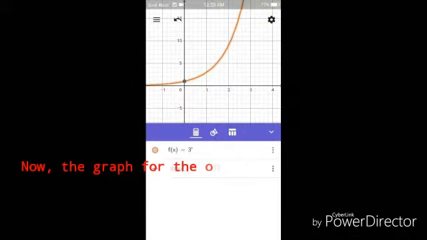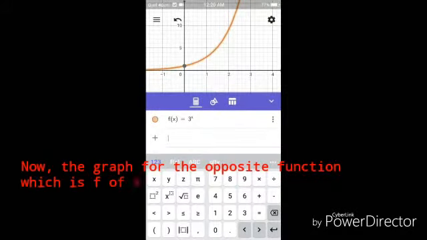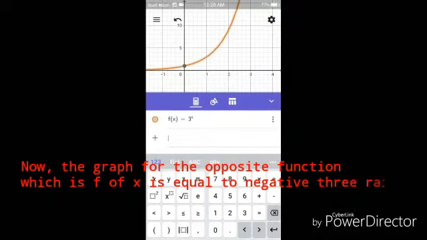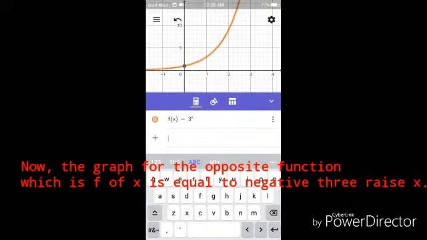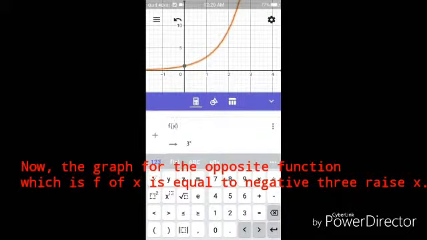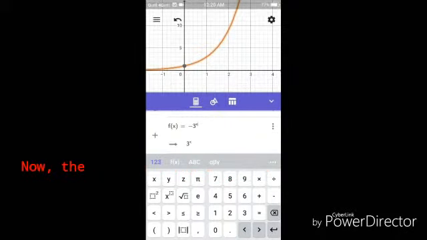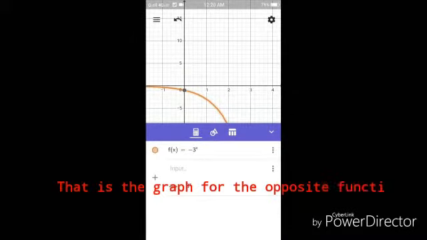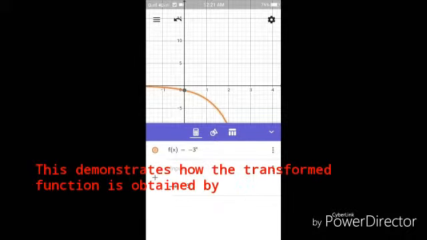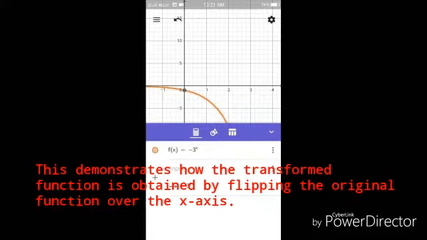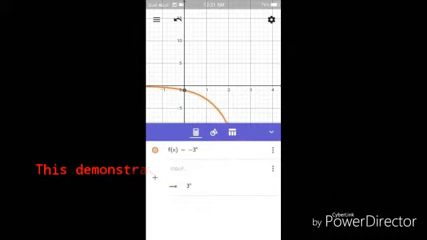Now, the graph for the opposite function, which is f of x is equal to negative 3 raised to x, that is the graph for the opposite function. This demonstrates how the transformed function is obtained by flipping the original function over the x-axis.